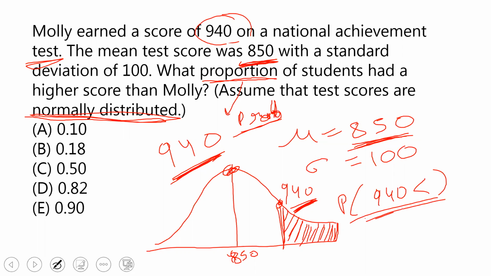So this is 940, right? If I find the area from this 940 to the end of the entire curve, then I will get that probability. So can you tell me how will we find this area?